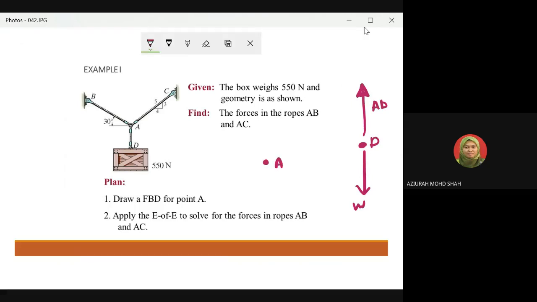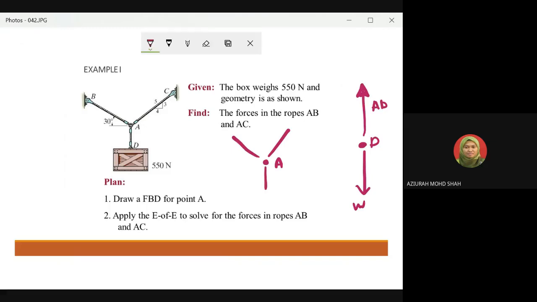Macam tu kalau nak ikut turutan. Okay. So right now, how many forces or how many ropes that involve at point A? Ada berapa yang kamu boleh nampak? Ada? 3. So at least 3 lah kena lukis.